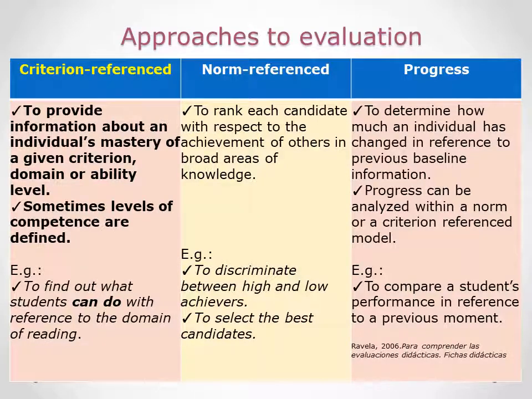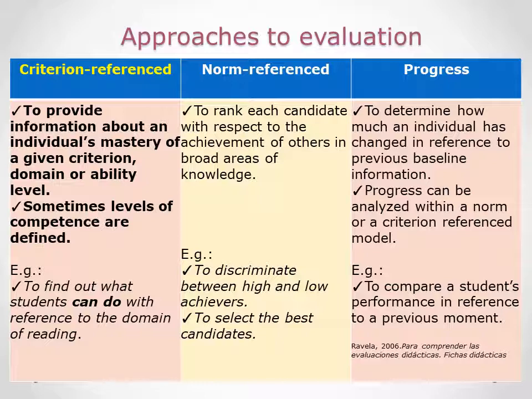We decided to adopt a criterion-referenced approach to the testing of reading comprehension, since our purpose was to obtain information about the individual's mastery of a certain domain, reading in this case. We wanted to know what each student was able to do in relation to reading.